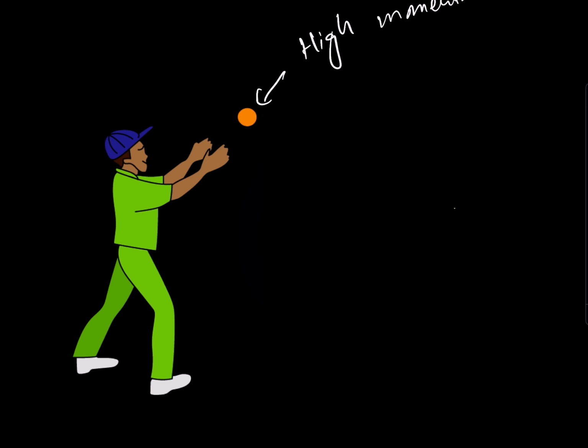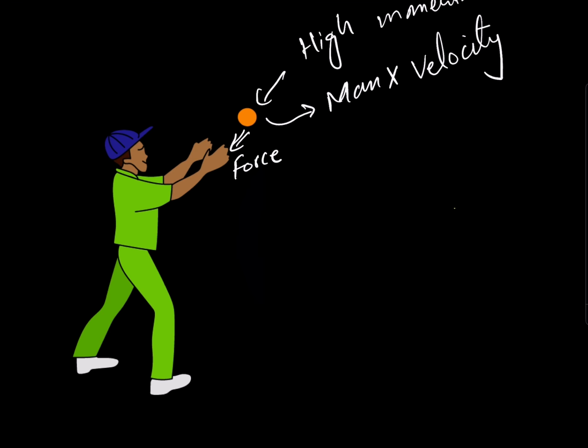Because it has some mass and some velocity, right? So this momentum will cause force on impact. That force is basically depending on the time as well, because force multiplied by time gives you the impulse, and impulse is basically the change in momentum, right?